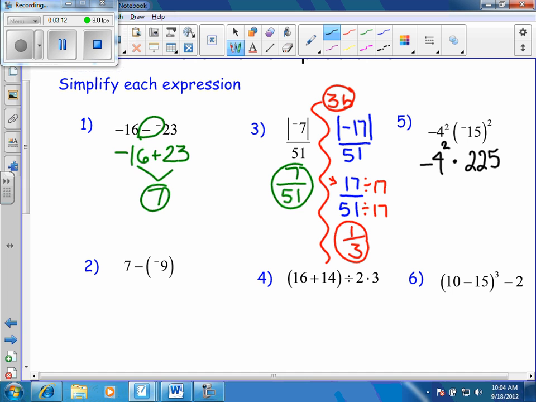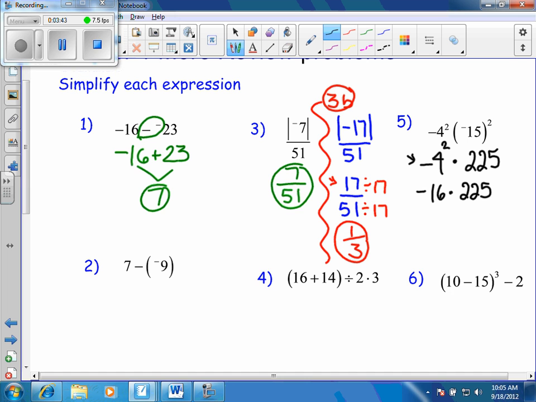So we did the parentheses and that first set of exponents. Now, this right here, this negative, that's the opposite of 4 squared. So we have to calculate the exponent first. So that's 4 squared is 16. So we're going to do the opposite of 16 times 225. Does that make sense?